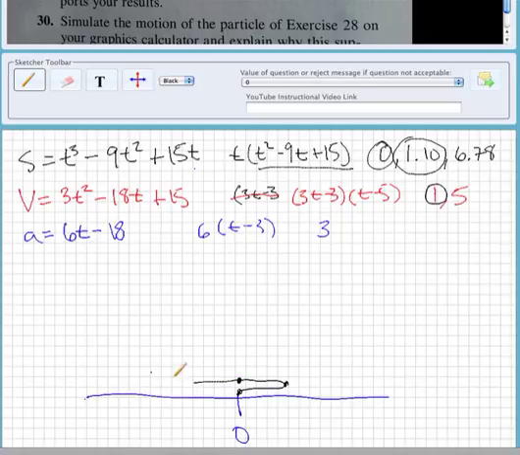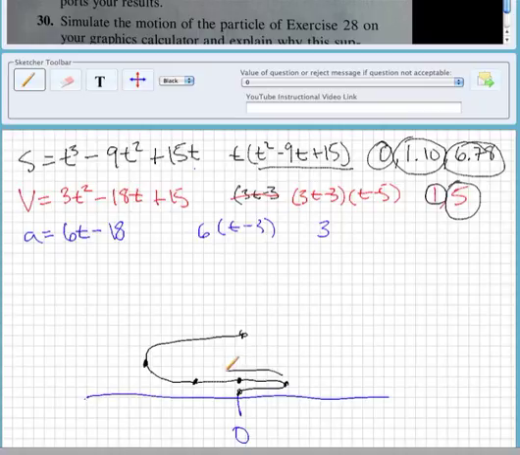So then it goes, and then turns around at 5, and then comes back, and at 6.7 it crosses the origin again. And then this is the 5, and then the 3 is right here, where it starts from here to here, it starts slowing down.